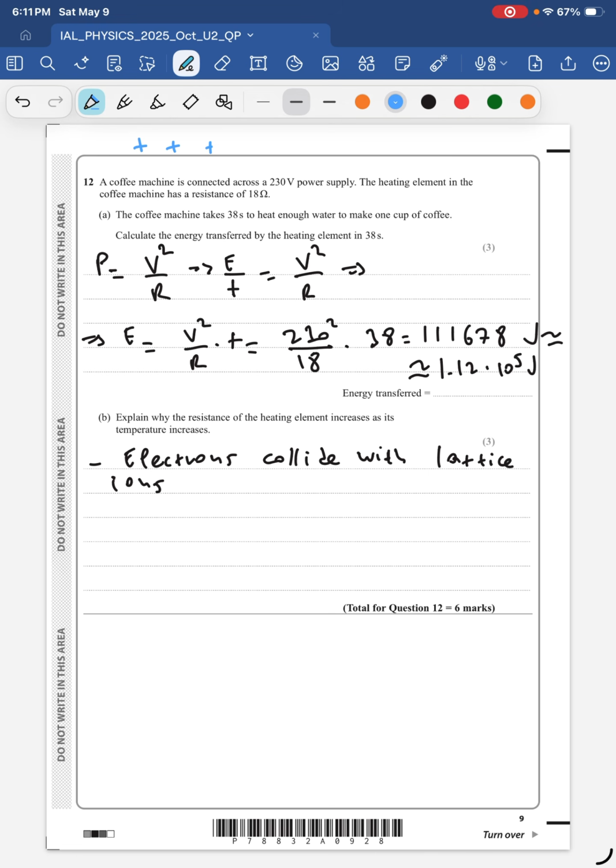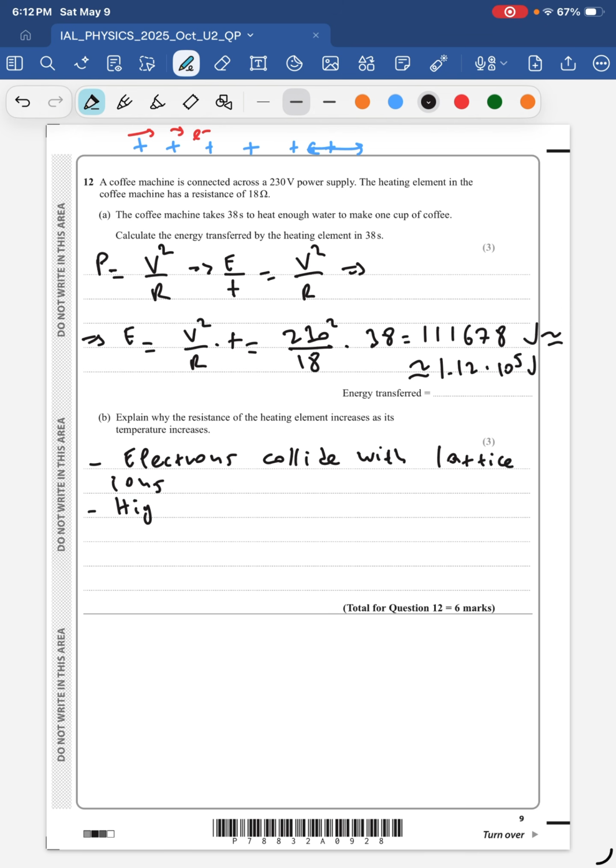So you have ions that do not really move, okay, compared to the electrons. And then you have free electrons flowing around, okay. As you increase the temperature of this material, these ions will start to vibrate. So this creates a larger surface area, if you will, for electrons to collide with these ions. So the resistance increases because electrons collide more. Okay, so that's the answer, but let's write it down.